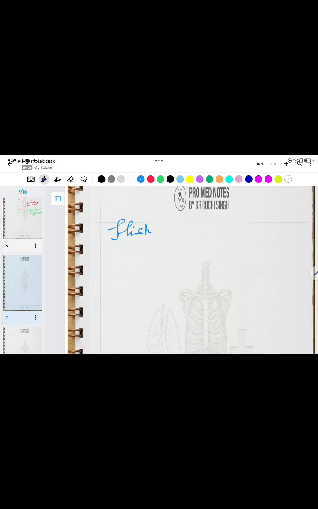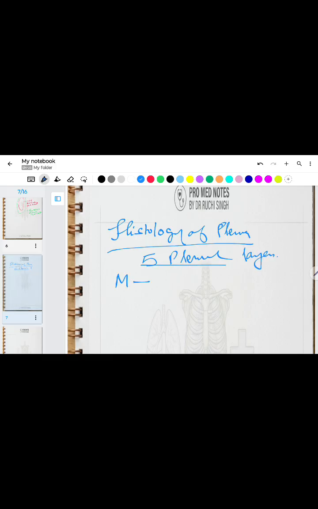Histology of pleura. So there are basically five pleural layers. This is very important. There are five pleural layers. What are these? This is M for mesothelial cell layer. It's a single layer.